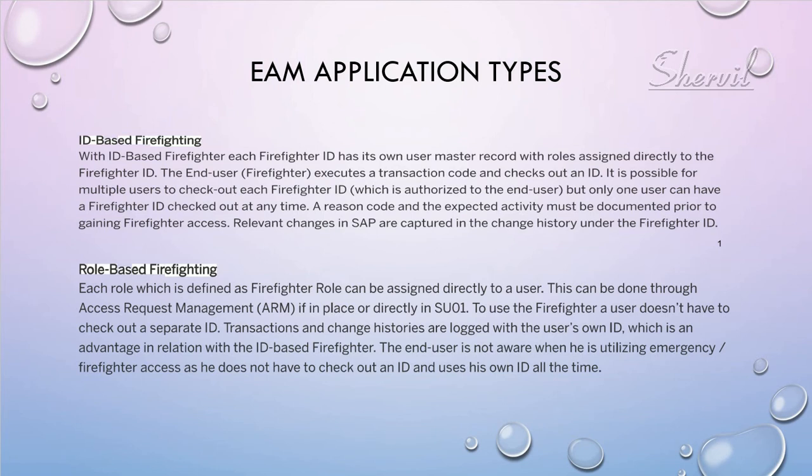After that, you could have ID-based firefighter and role-based firefighter. In ID-based firefighter, a special firefighter ID is created and assigned to the user. In role-based firefighting, a role is assigned to the user directly in the system where the firefighting needs to be done, that is the plugin system, and the user uses their own user ID to perform firefighting activities.